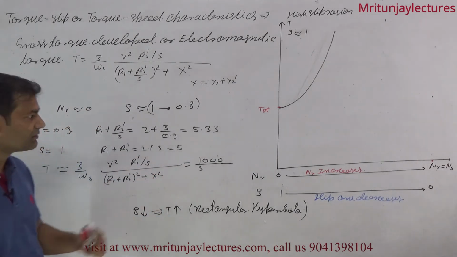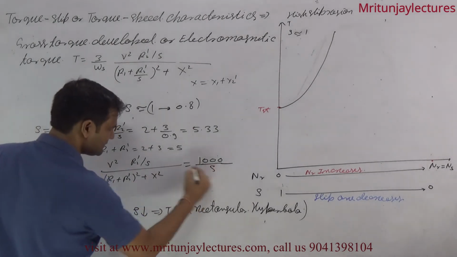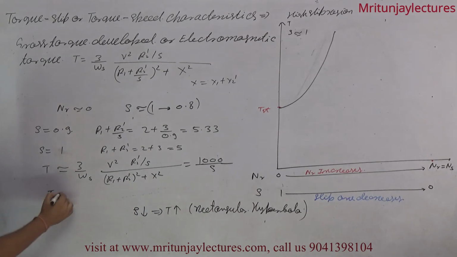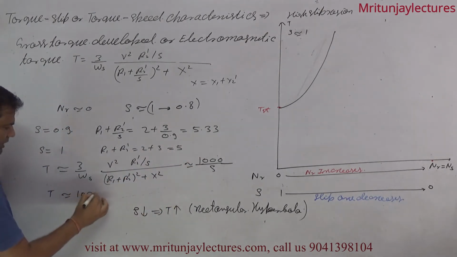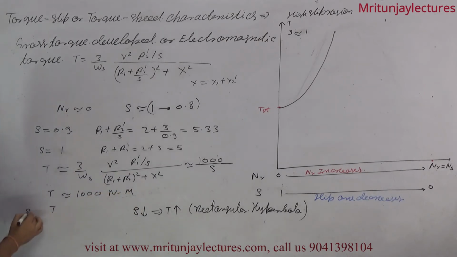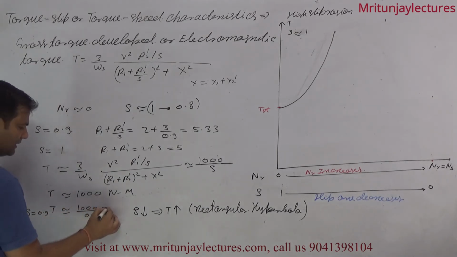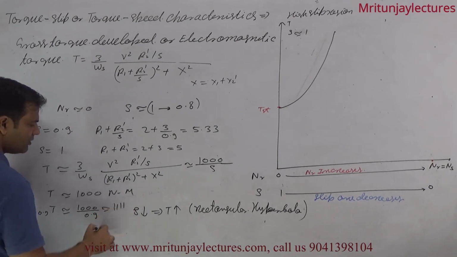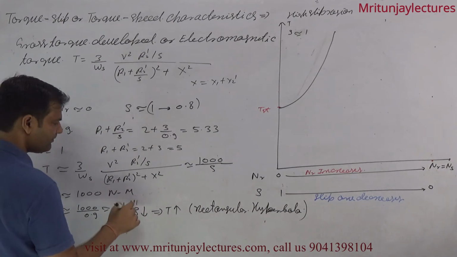If s is 1, then it is closer to 1000 Newton meter. And if s is equal to 0.9, then that is 1000 divided by 0.9, which is closer to 1111.11.